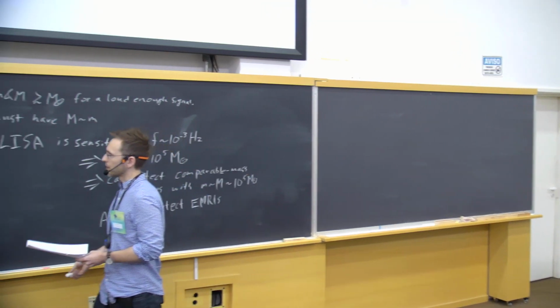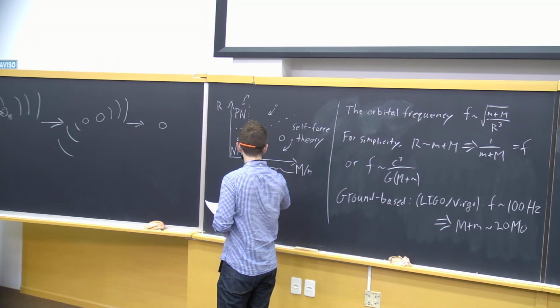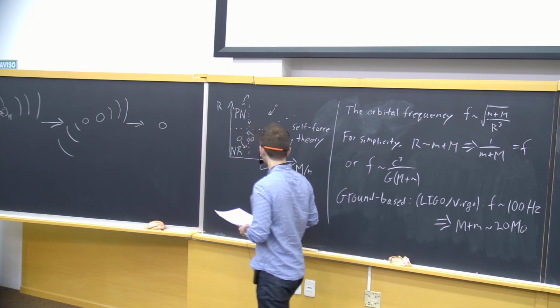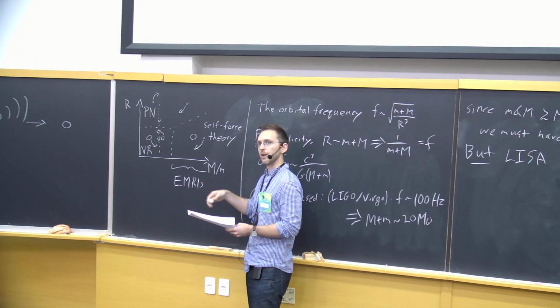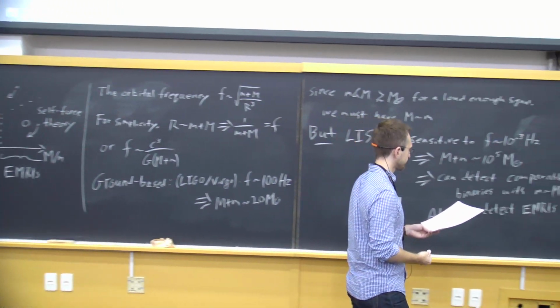So these systems over here are called EMRIs, which stands for extreme mass ratio inspirals. So the mass ratio in the system is extremely large.